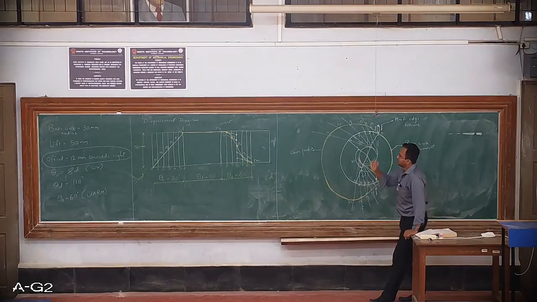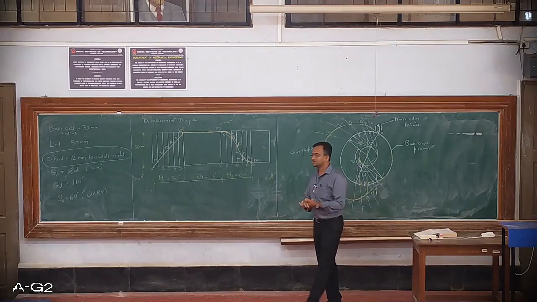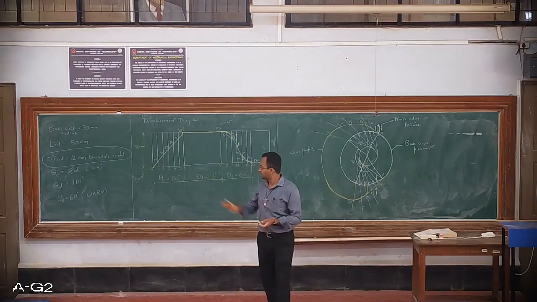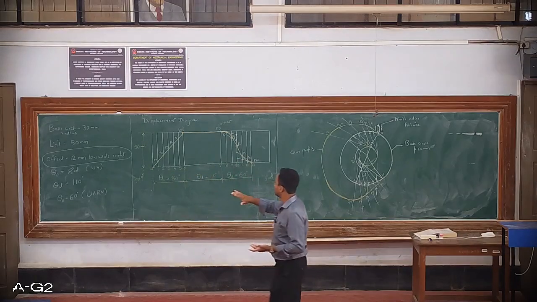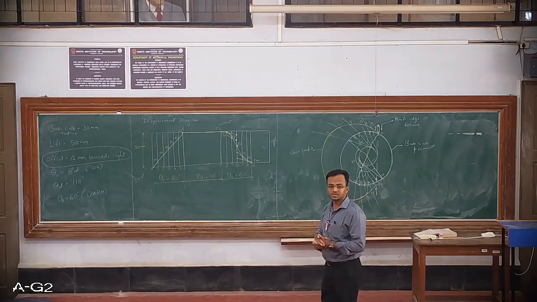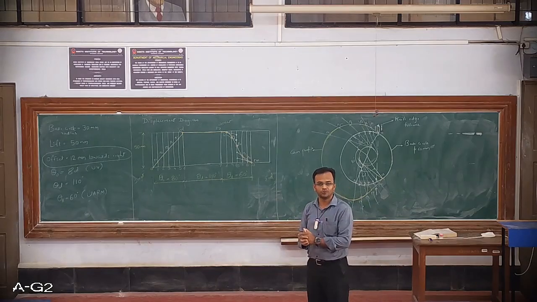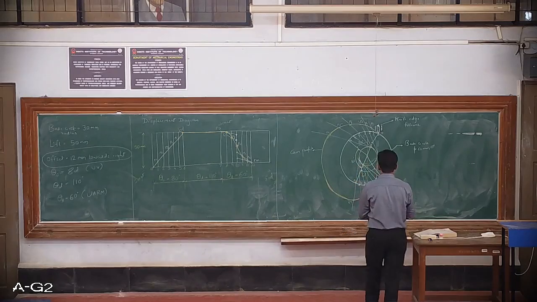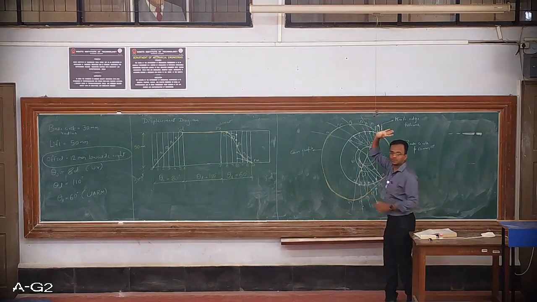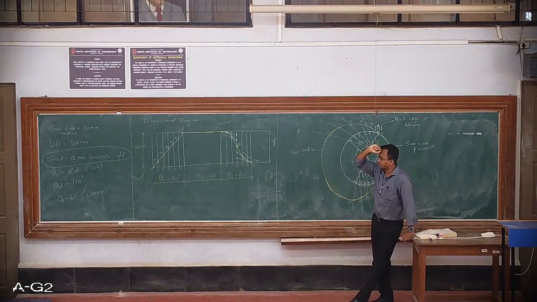Okay. Now one question should arise in your mind: in the entire problem statement that I have dictated, nowhere is it mentioned what type of follower you are supposed to use. That means whether you are supposed to use a knife edge follower or a roller follower or a flat follower, it is not mentioned anywhere.